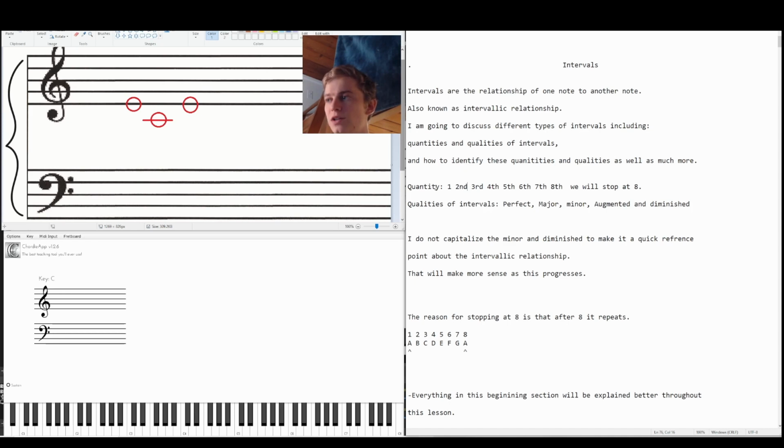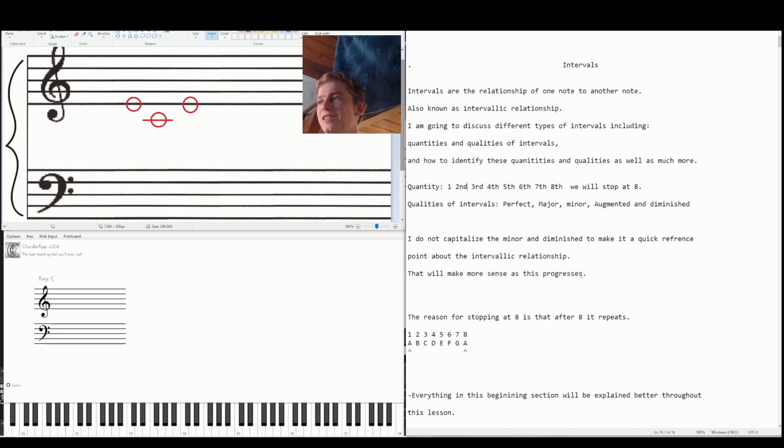Then from quantity, we go to quality of interval. The reason for this is because our quantities actually plug into our qualities. So certain numbers are going to fit into certain qualities. Let's look at the qualities. We have perfect, major, minor, augmented, and diminished. I do not capitalize minor and diminished, as you see, to make it a quick reference point about the intervallic relationship.